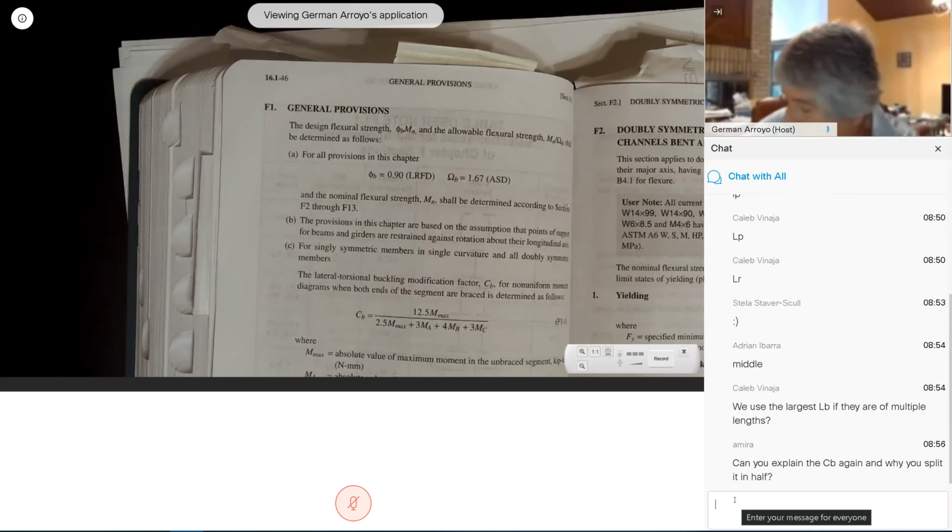So this is posted in Blackboard. This is page 1 of 30. Lateral torsional buckling of beams, LTB. So this is known as lateral torsional buckling. And this is our first problem.